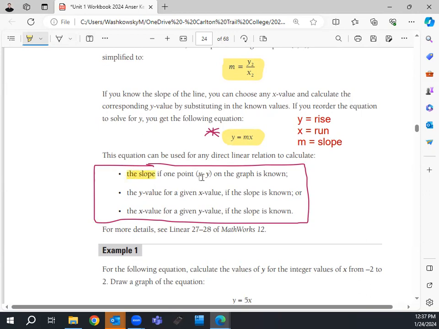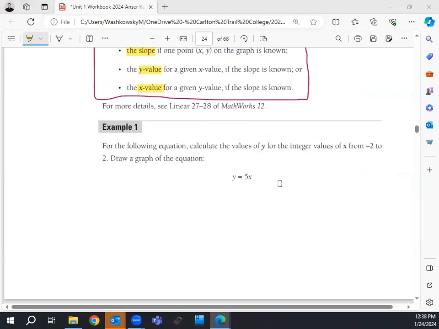If we know a point, an x and a y on it, we can use it to find a y value. If we know an x and a slope, we can use it to find the x value. If we know the y value and the slope, that's the fancy way of saying if I know 2 of those 3 things, I can always find the third, right? It's algebra. That's what that means if we translate that from math to plain English. You have 2 things, you can always find the third using algebra.